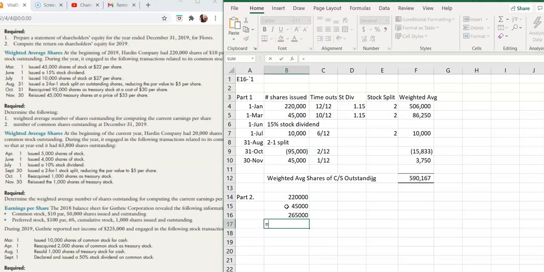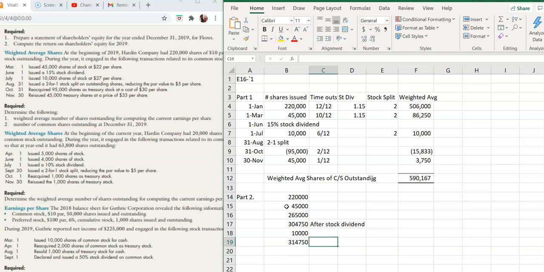Then we had a stock dividend, so I'm multiplying by 1.15. So this is after the stock dividend. And we had another 10,000. Then we had a 2-for-1 stock split.